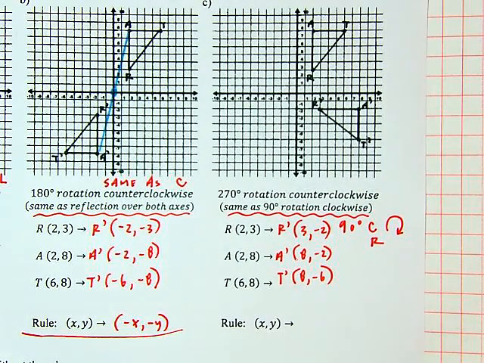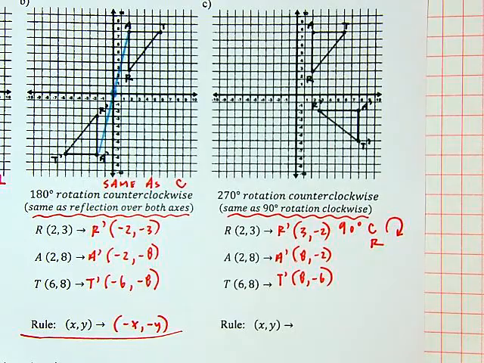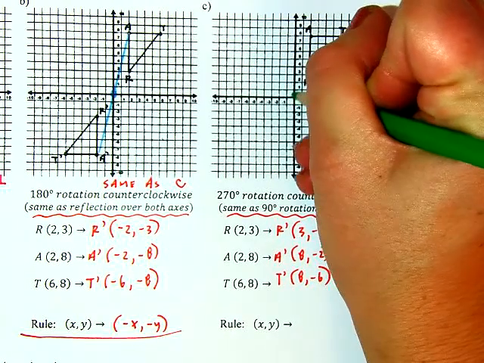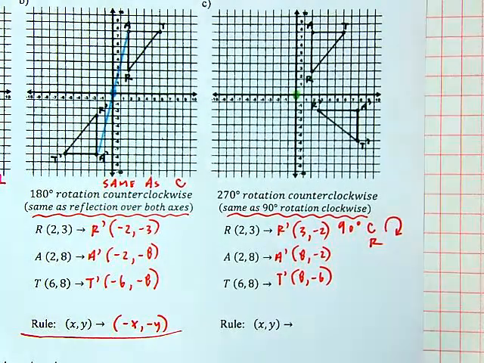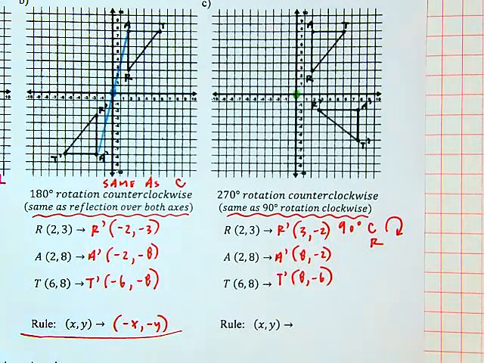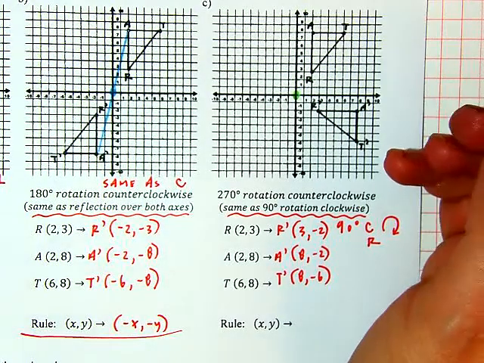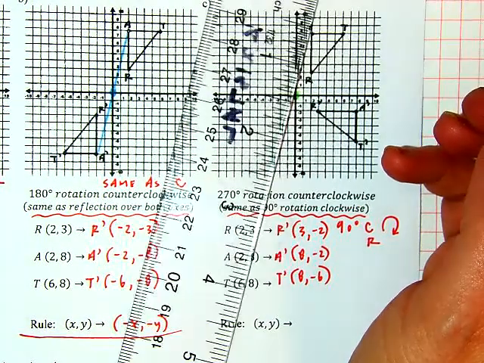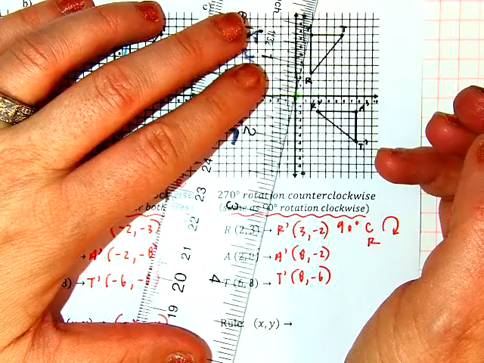So if I look at the origin as my point of rotation, it's the only point I will have you rotate around. Let's say that I do the same thing where I focus on the A's.